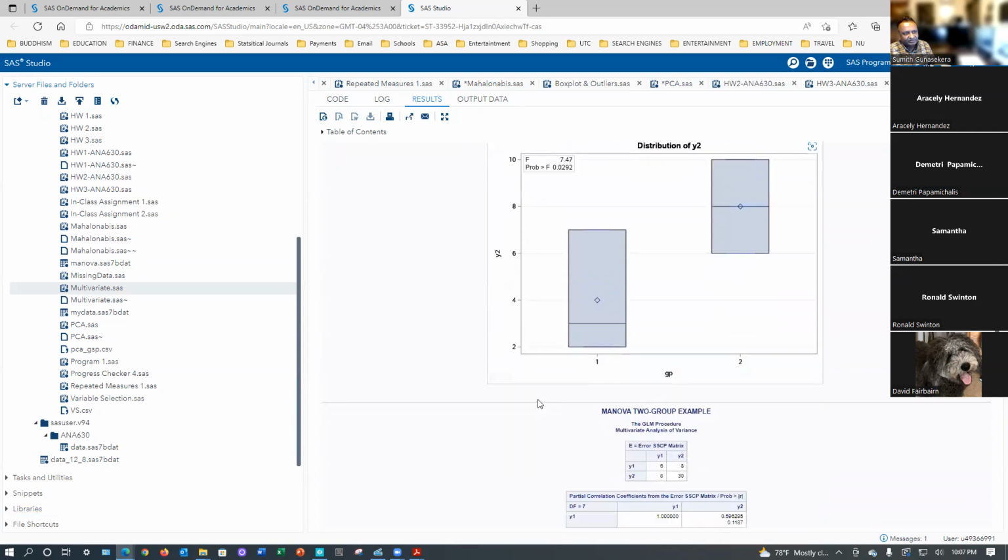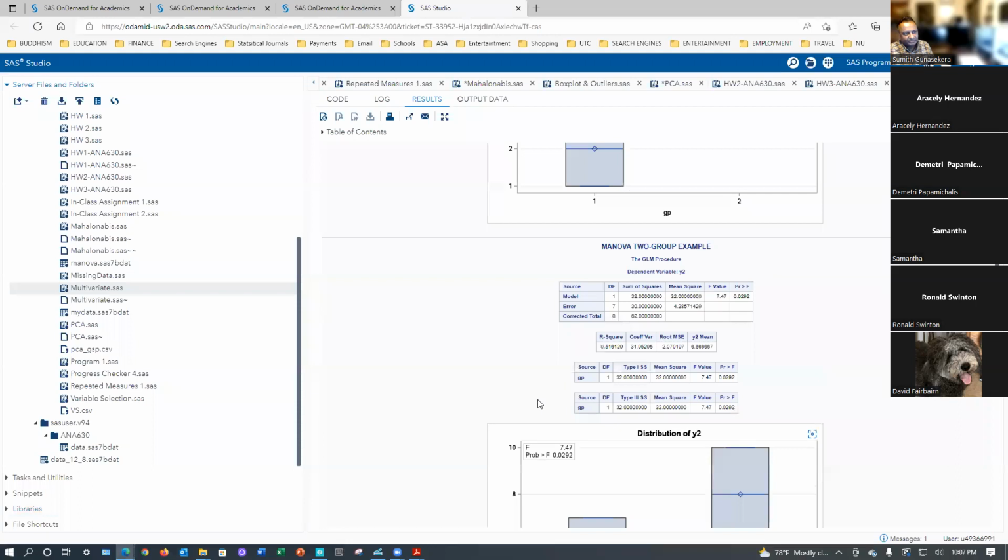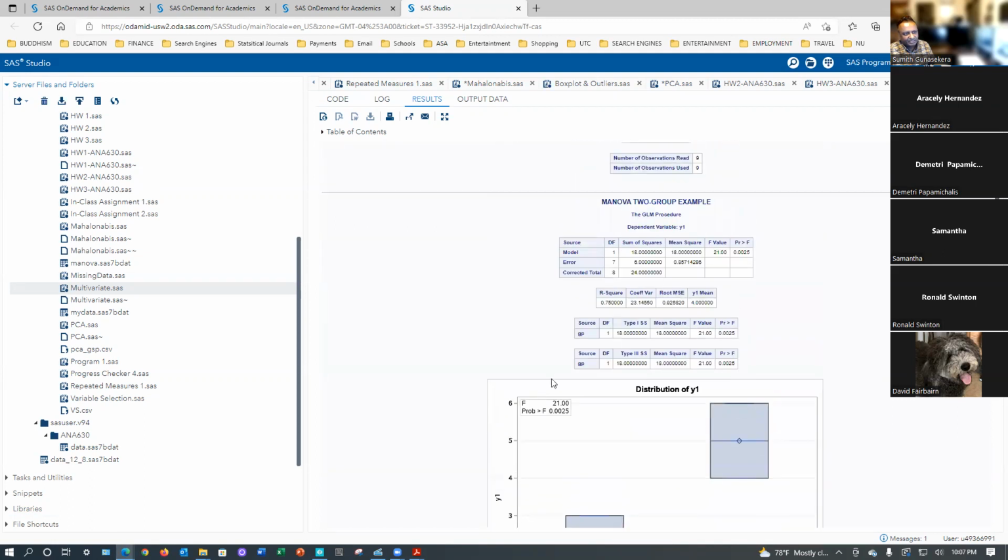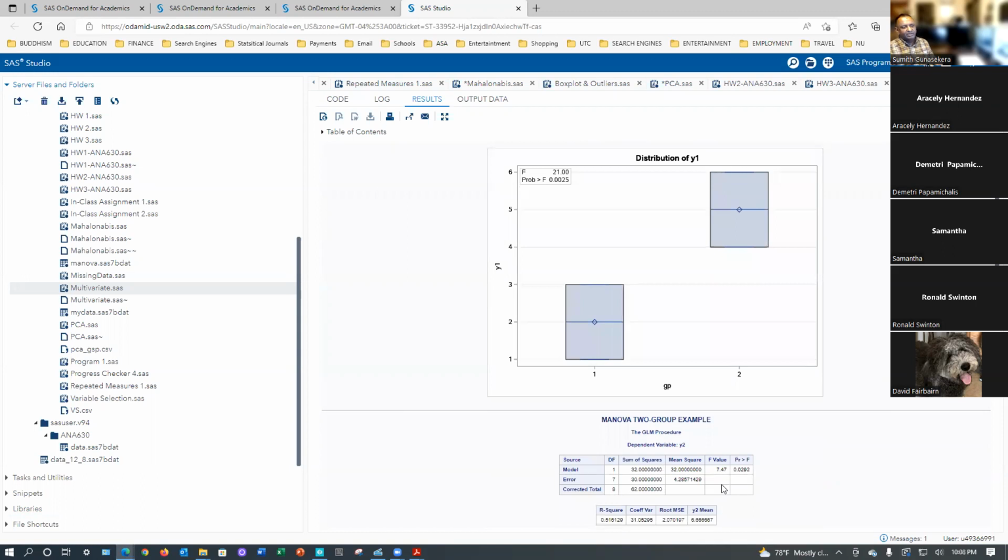Where do you see that one? See, degrees of freedom of model is 1. Dependent variable y2, one at a time, y1 separately. If you do that separately, rather than doing it at the same time, even the univariate case is displayed over here too.